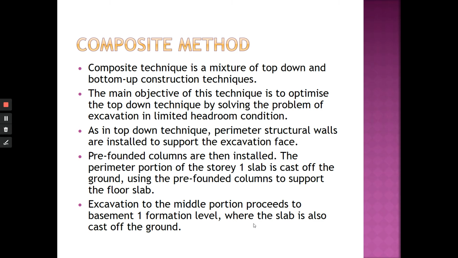So basically dia macam ada buka sikit kat tengah-tengah slab tu. Dia bukan a complete set of the slab. Okay. Excavation to the middle portion proceeds to basement 1 formation level where the slab is also cast off the ground, meaning that they will have the access in the middle of the slab. That is their actual access.